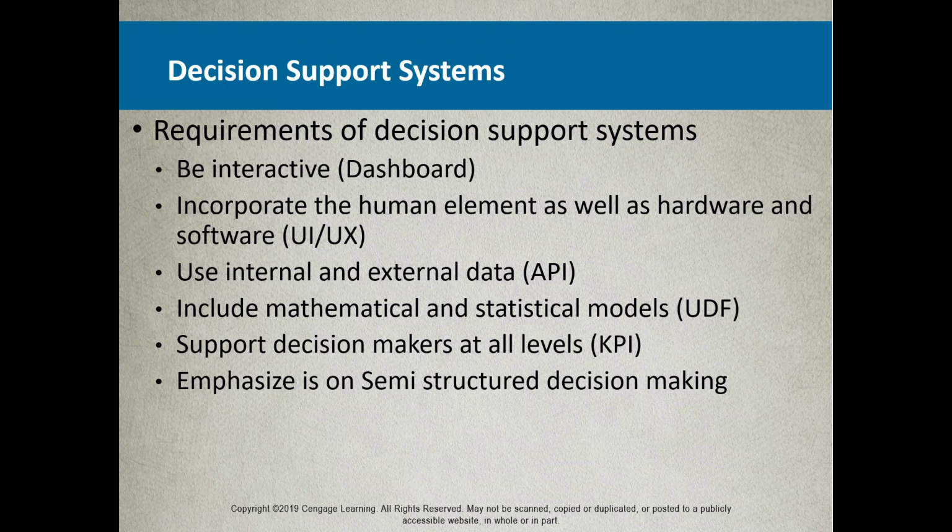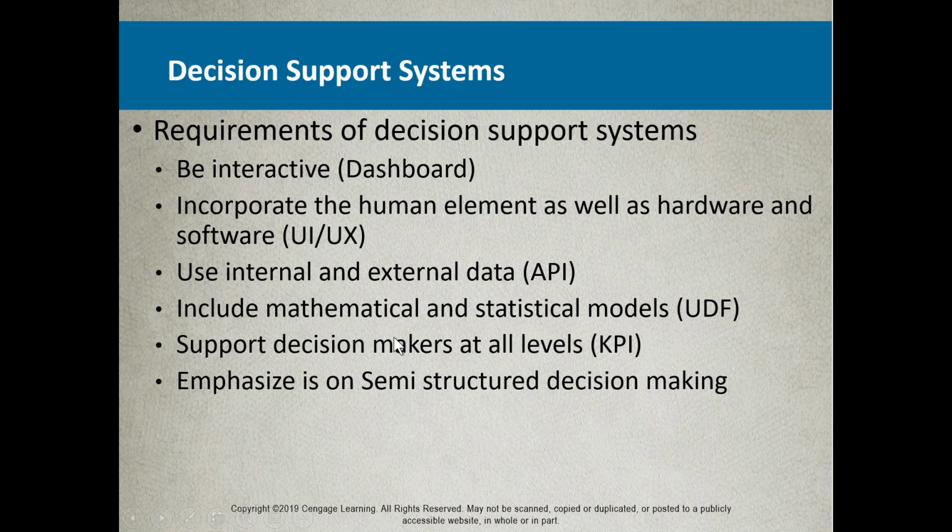When it's hot out, people are not buying parkas and toques and gloves. They're buying swimsuits and towels and sunscreen. So we could bring in external data to help in our analysis of what products we should be selling, for example. These things include a lot of mathematical and statistical modeling. User-defined functions, UDFs, can be developed for these.